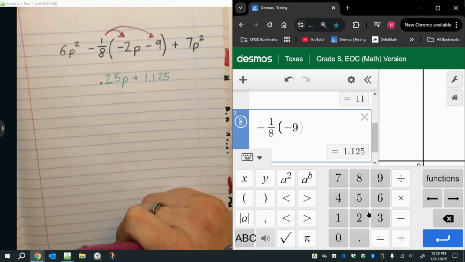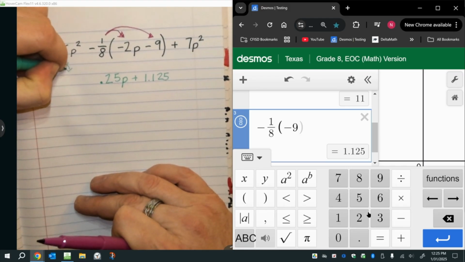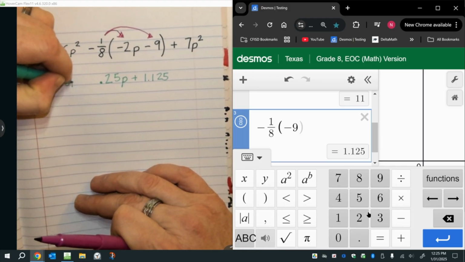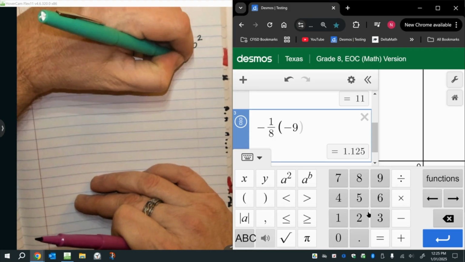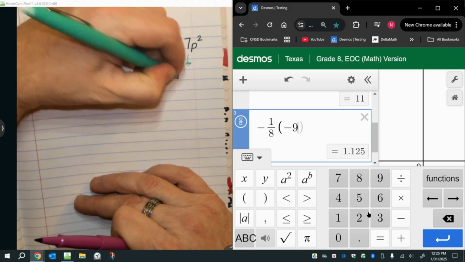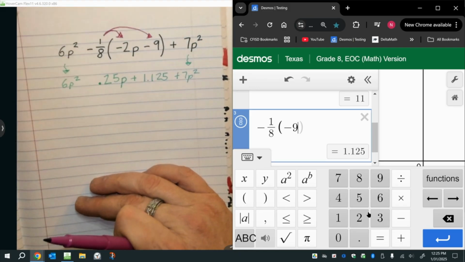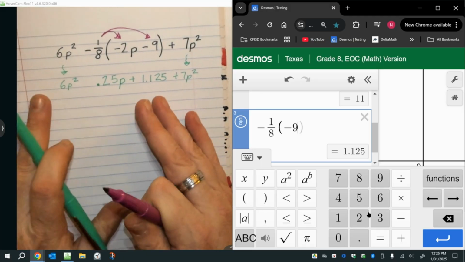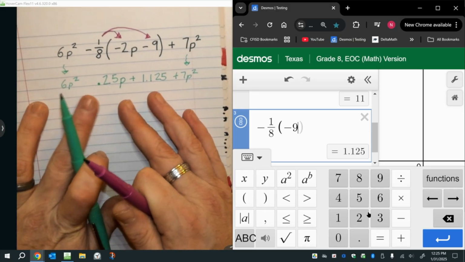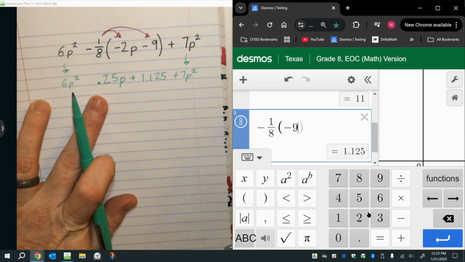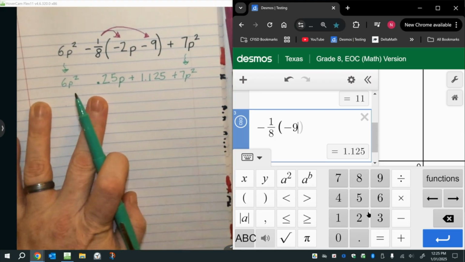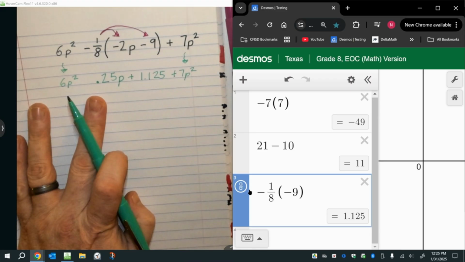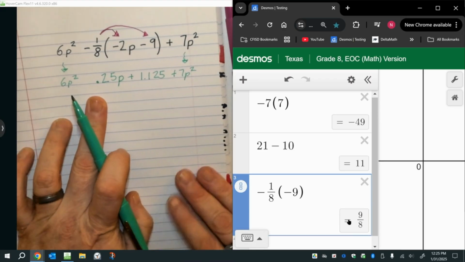Okay, and that's also positive. Then I'm just going to bring him down, and I'm going to bring him down because they're not inside the parentheses. So now this is what I'm left with. I'm actually going to write both of these as fractions. So let's do this. I'm going to change this to where this now says 9 over 8.